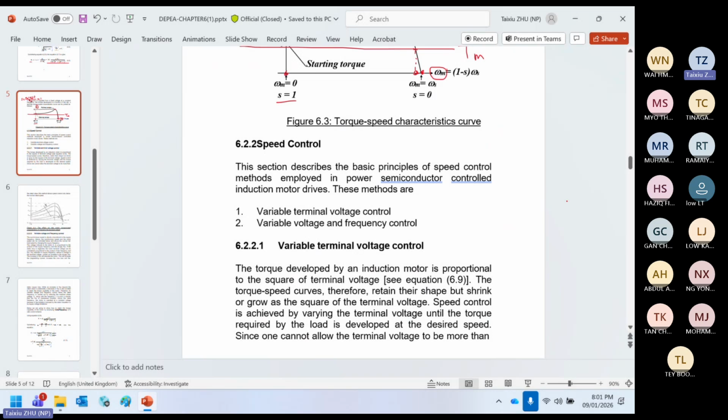In summary, at least we know there's something called slip speed, which we must know because later on we use it. Then there's also a synchronous speed, a motor speed, and a power developed. With this, we are ready to look at the motor control in a more detailed way.